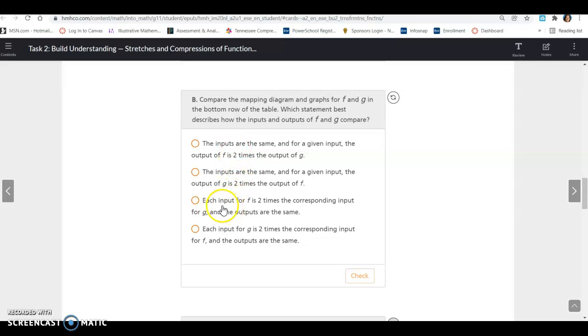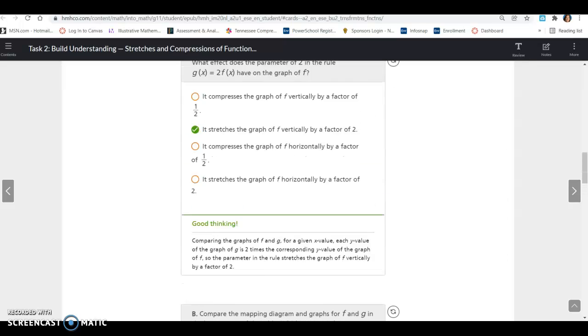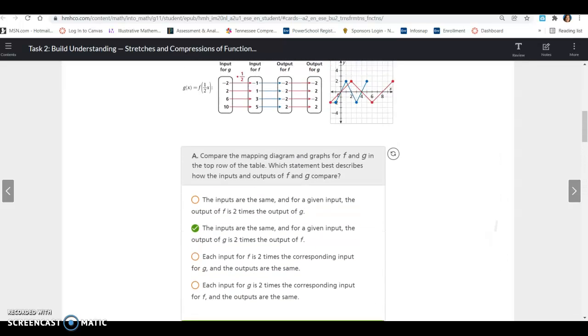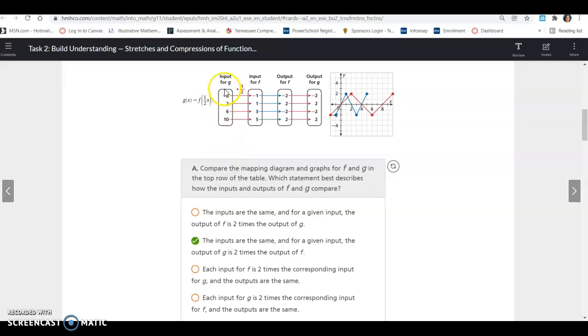All right, each input for f is 2 times the corresponding input for g. Each input for g is 2 times the corresponding input for f. So it would be the second one, I believe. So g, 10 is twice 5.